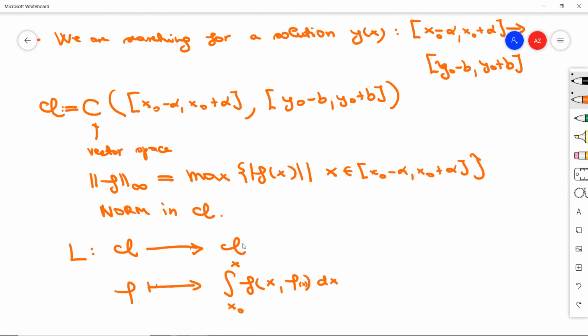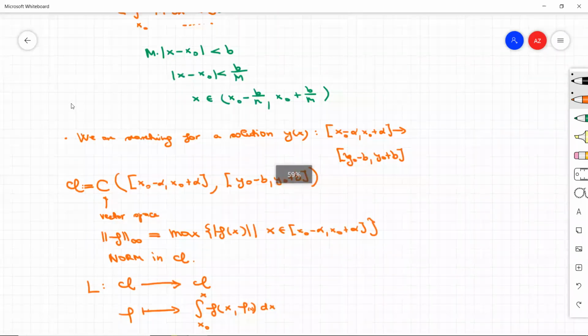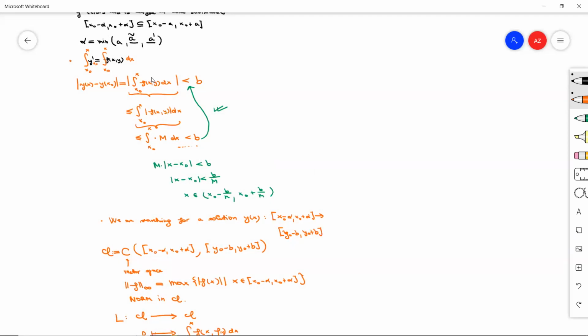So what is the idea? Yeah, the codomain is correct. So why did I define the operator L like that? Because we see that if the solution of our differential equation exists, then the solution is exactly the integral of f, because y prime is f. So if we are searching for y, it must be the integral of the right-hand side, and the right-hand side is exactly f.